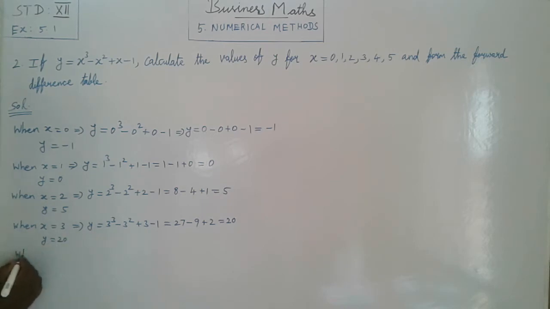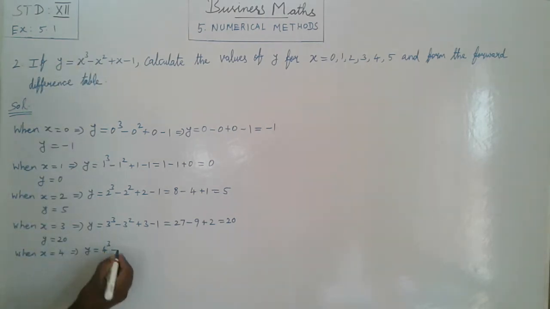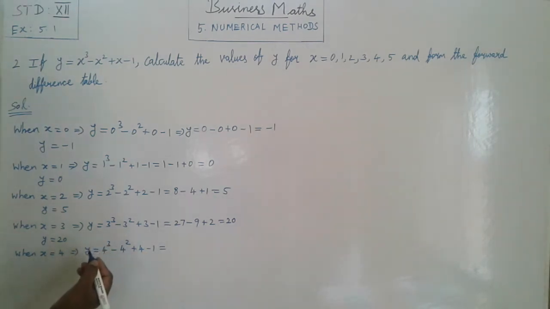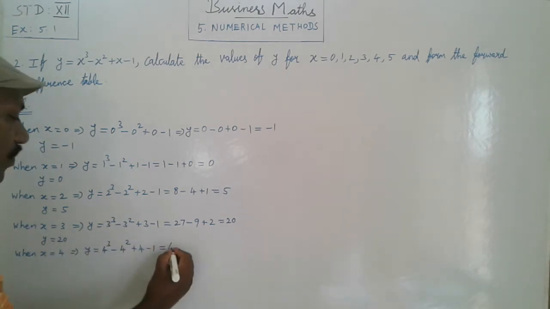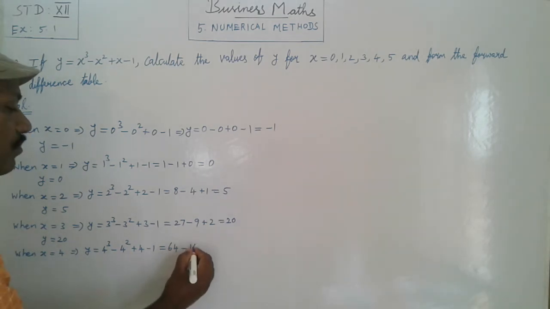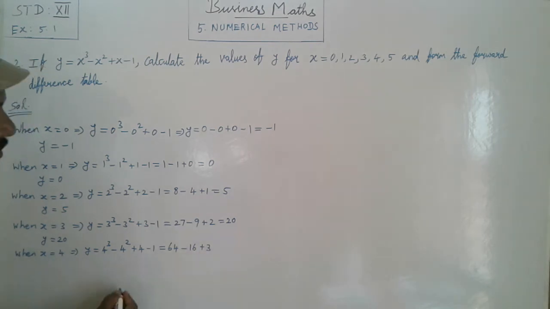Next, when x equal to 4, y equal to 4 cube minus 4 square plus 4 minus 1, equal to 4 cube is 4 fours are 16, 16 into 4 are 64, minus 4 square is 16, 4 minus 1 is 3, plus 3.